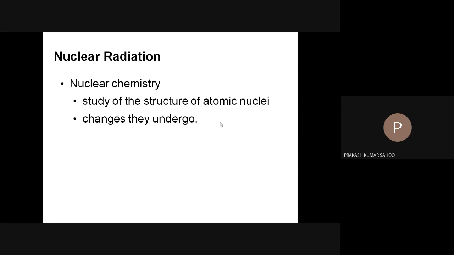That is nuclear radiation or nuclear chemistry. It is the study of the structure of atomic nuclei. As pointed out yesterday, according to Rutherford's gold foil experiment, he concluded that every atom consists of two parts, the nuclear part and the extranuclear part.